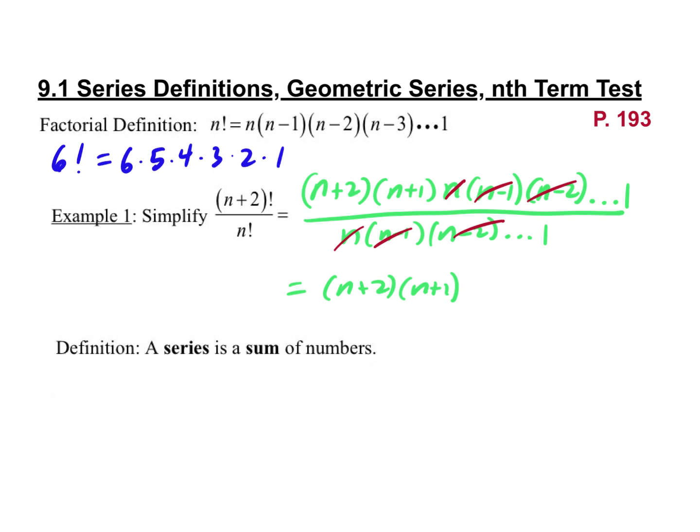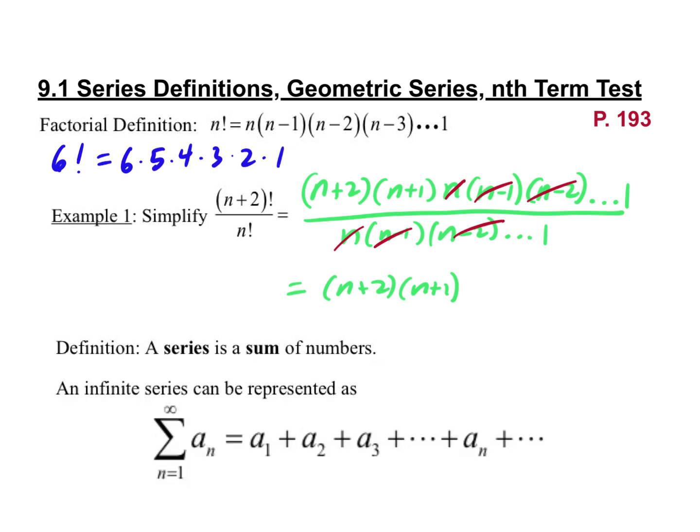And so here's what an infinite series would look like. Maybe you've seen this notation before. Hopefully you have. Have you seen this capital sigma notation before? Yes, okay. All that means is a series, the sum of. And what this is saying is the sum of the first term all the way up to an infinite number of terms.